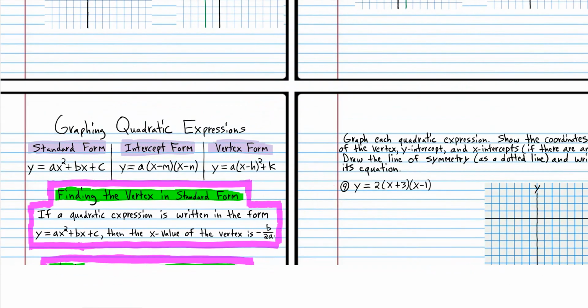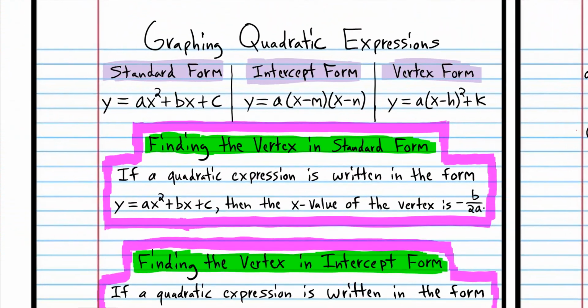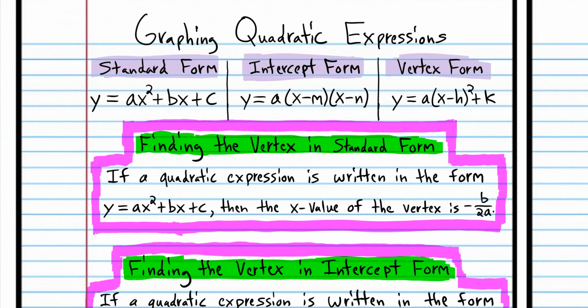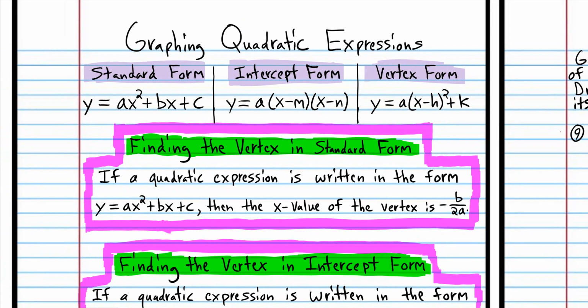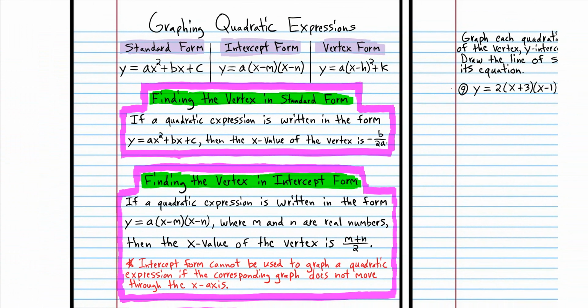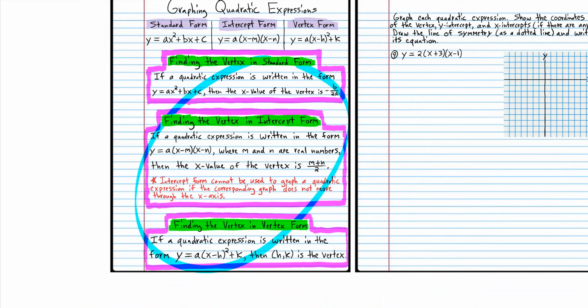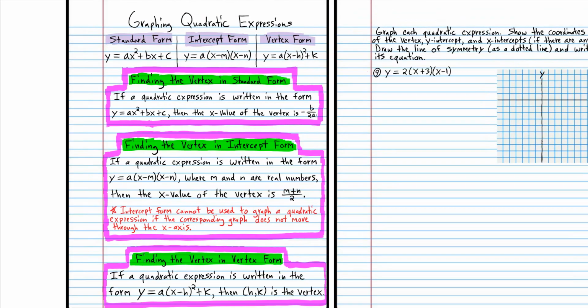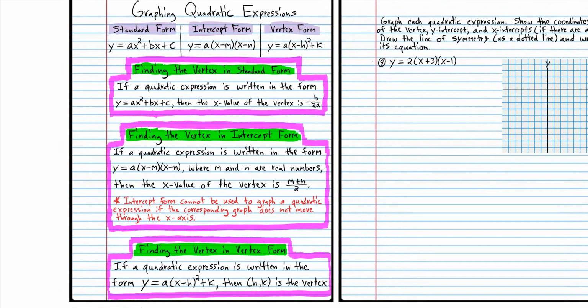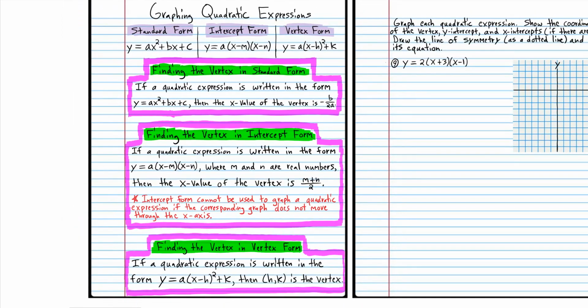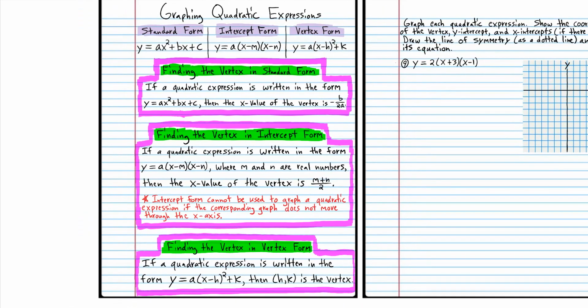Okay, so now we're going to continue where we left off. In the previous classes, we graphed quadratic expressions. And I want you to go ahead and take a screenshot. You see we have the 3 forms of a quadratic expression, and we have all the ways to graph the quadratic expressions in the 3 different forms. So go ahead and take a screenshot of this.